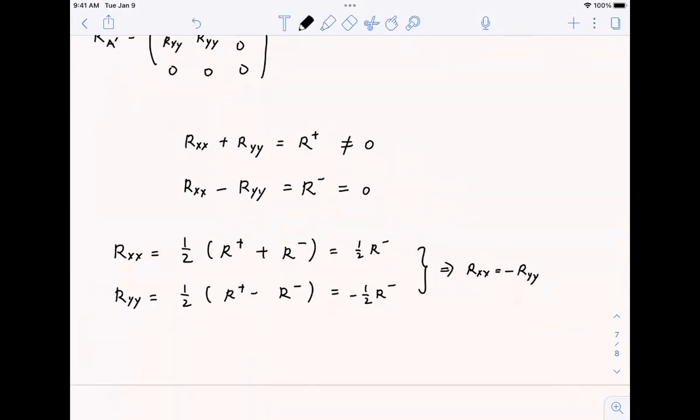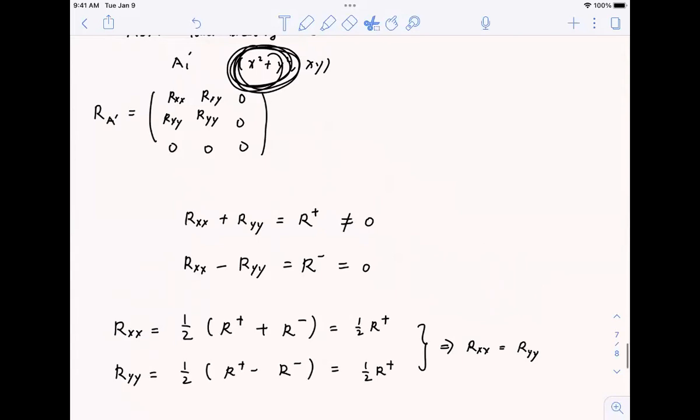So these are all 0, and this will be plus, plus. So these two are just equal, and you can get the form A, B.